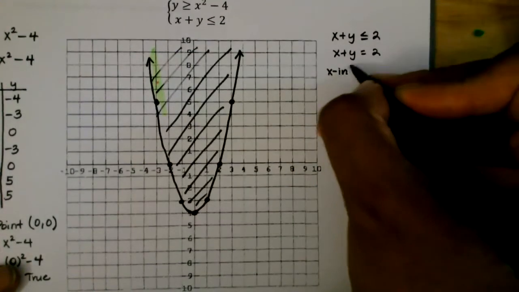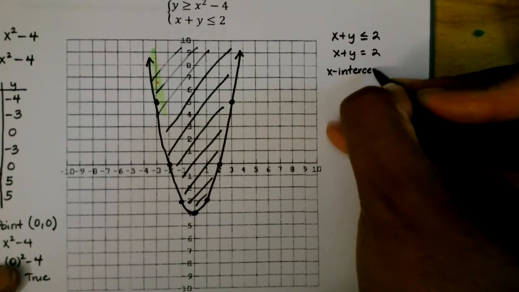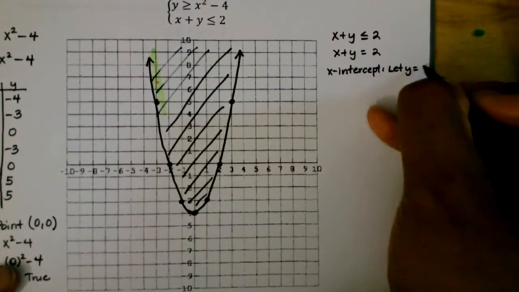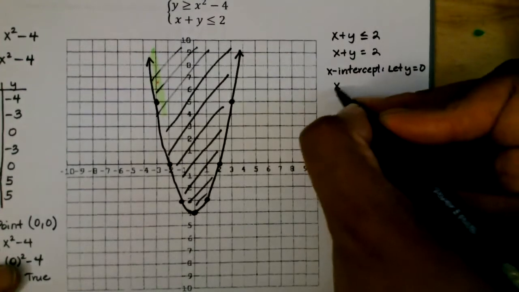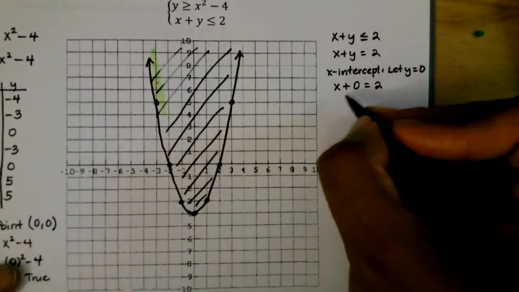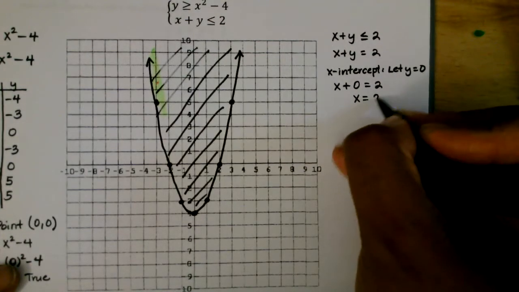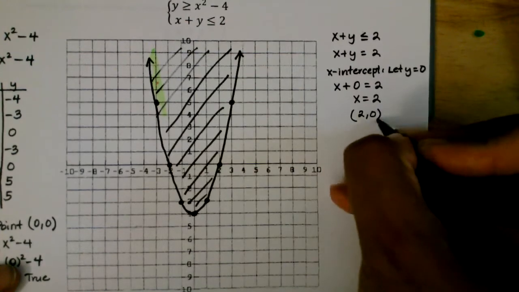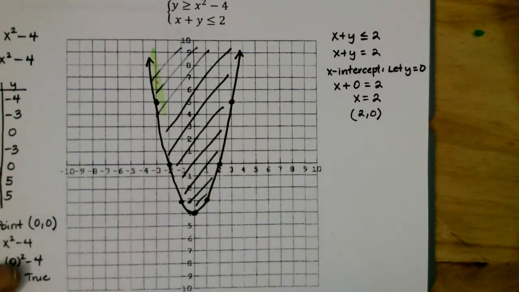So for the x-intercept, you have to let y equal 0 and solve for x. So this will be x plus 0 is equal to 2. Well, x plus 0 is x, so x is equal to 2. So 2, 0 will be your x-intercept.